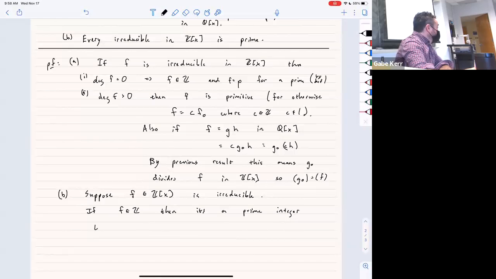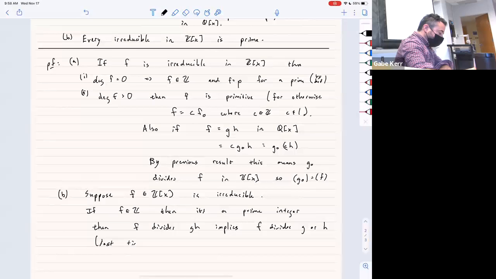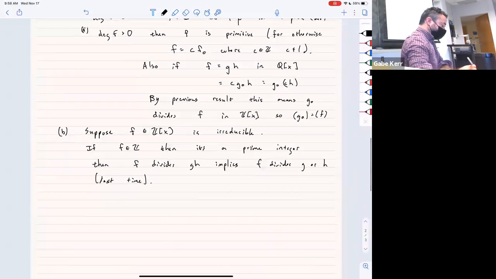And which means that it's prime under the integer polynomial definition. I'll just write this as f divides gh implies f divides g or h. This was in the notes. Okay, so that means that if it's an integer, then it's prime.